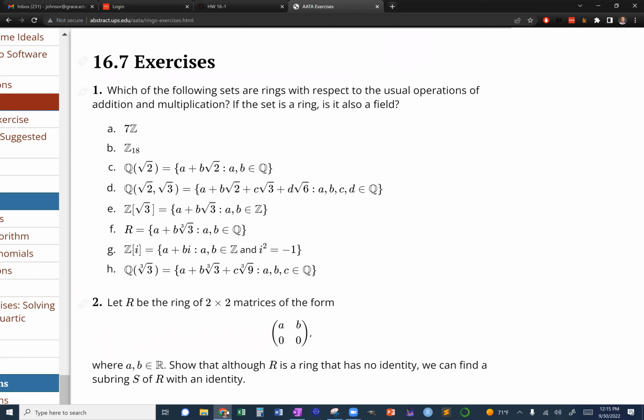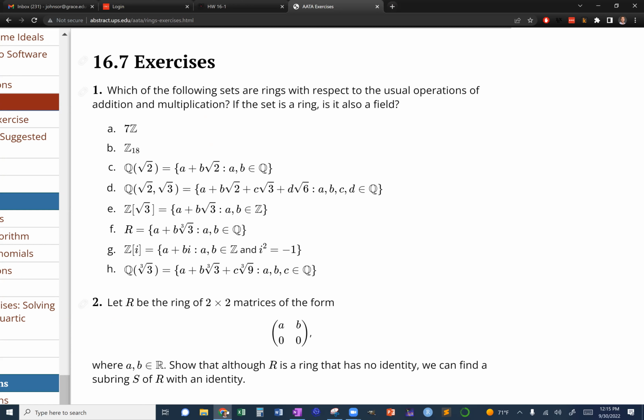I'm just going to tell you most of these are rings. There's either one, two, or three that are not. You might need to think about how all of these sets, except for Z18, are in the numbers.